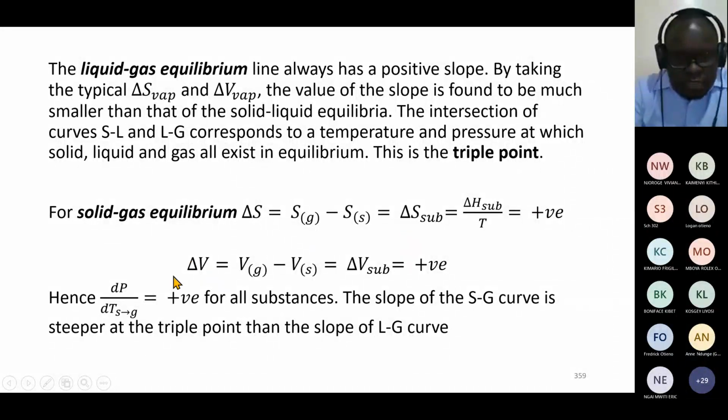And delta V equals Vg minus Vs. This is called delta V sub and is also always positive. So from the Clapeyron equation, dP over dT for this solid-gas equilibrium is always positive for all substances. Now the slope of the solid-gas curve is steeper at the triple point than the slope of the liquid-gas curve.